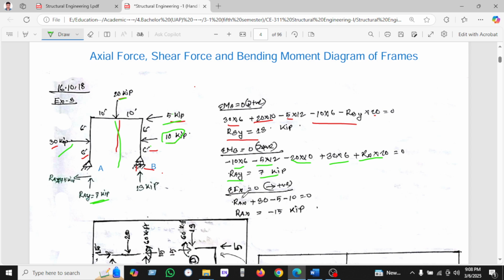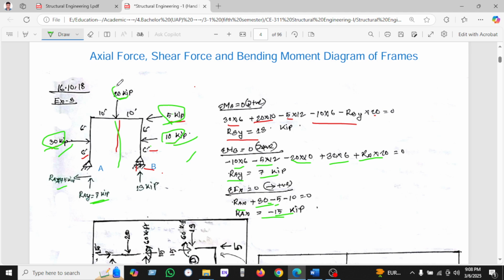So now we are taking the summation of Fx, the horizontal forces, which is RAX plus 30. We are taking only the horizontal forces. Minus 5, this is minus 5 as we are calculating, this is the reverse, that's why minus, and 10, this is also 10. So in this way we have found minus 15 kip.